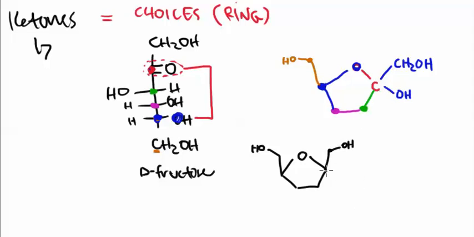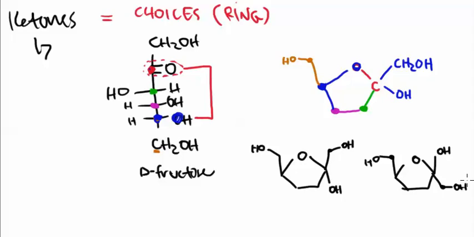And this OH group could point down, or just like the story was told videos and videos back, it doesn't change. We could see an OH group that points up, and the CH2OH that points down. Okay, so we still see an anomeric carbon.